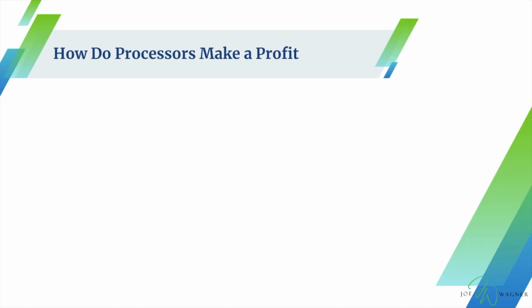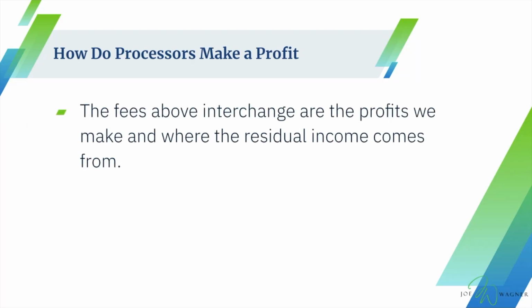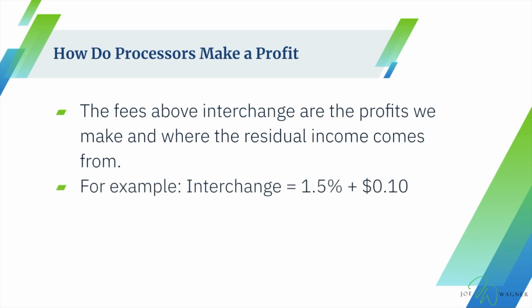It's our cost. So how do processors make a profit? Well, the fees above interchange are the profits that we make and where the residual income comes from. So I'm going to give you an example here. Try to follow me again. Keep this simple. Somebody runs a card. The interchange on that card is 1.5%, and it's also 10 cents for that swipe. That is the processor's cost. The processor is us and our partners that you're going to be working with. So anything above that is profit.